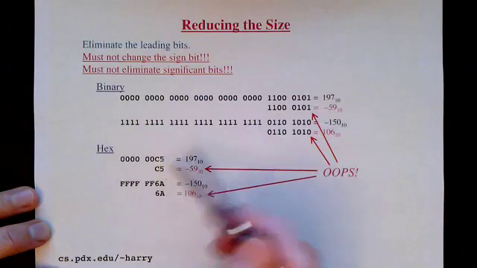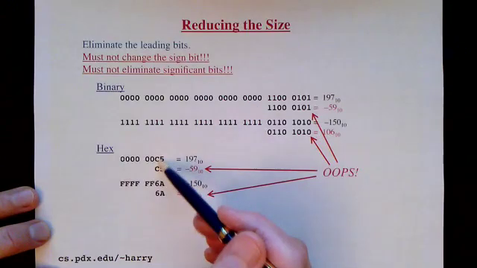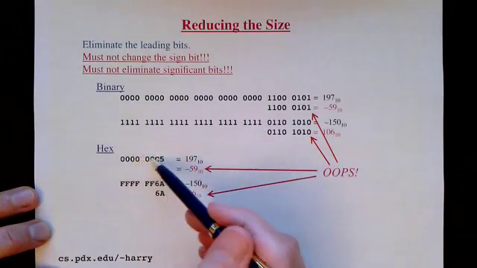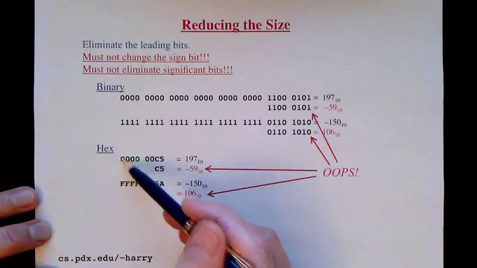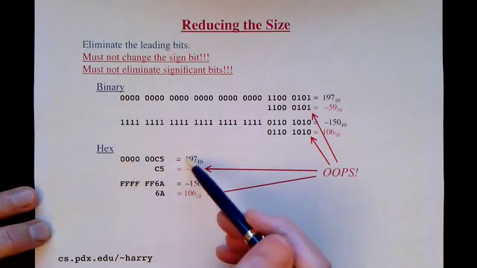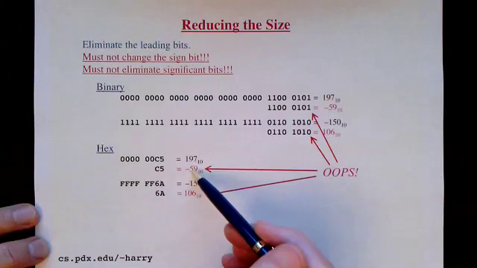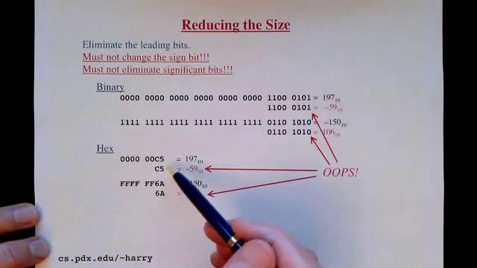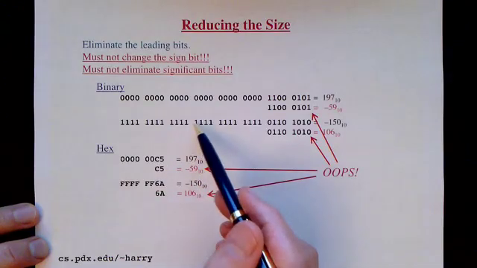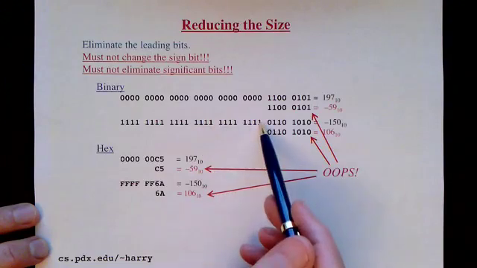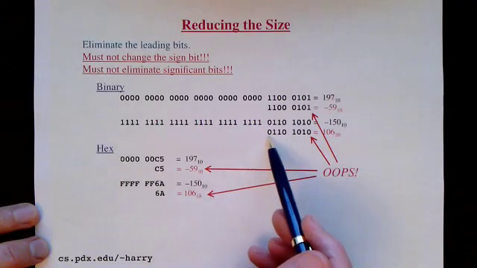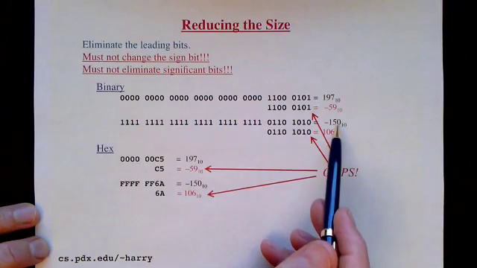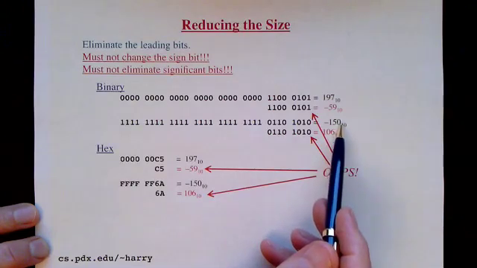So we've got C5, and we've eliminated zeros, but we've changed the sign bit from a 0 to a 1, and so we've gone from a positive to a negative number. Here, in this example, we've eliminated 1s, but again we've changed the sign bit. So the problem is that minus 150 is not representable in only 8 bits.